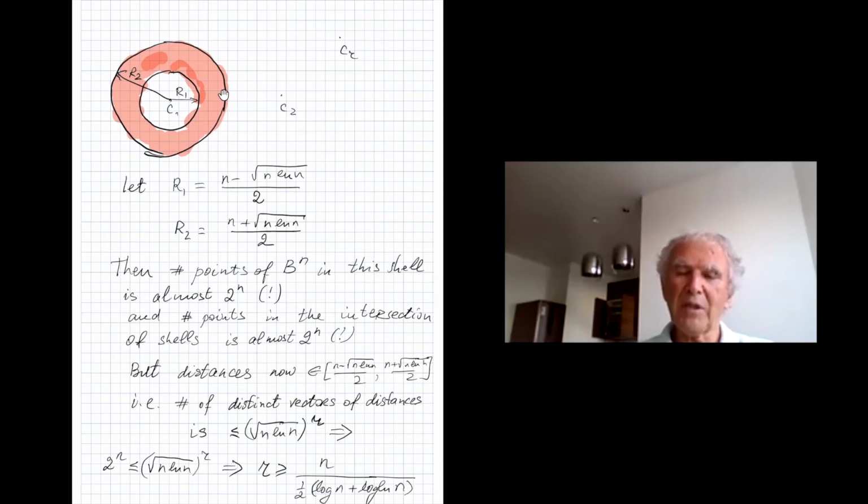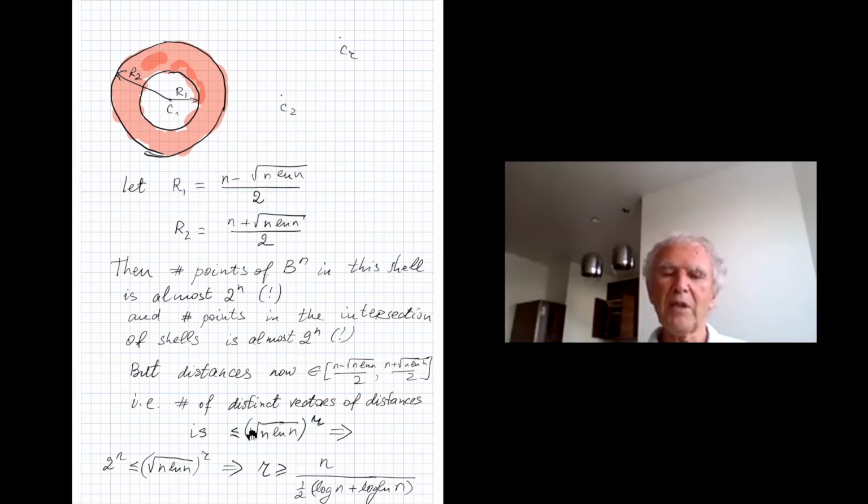Therefore, when we consider the intersection, we will have almost all the space in this intersection. So check the property that only points from the intersection can be recovered by their distances to the chosen points C1, C2, CR. We have 2 to the power n points, or 2 to the power n minus 1 points, it doesn't matter.